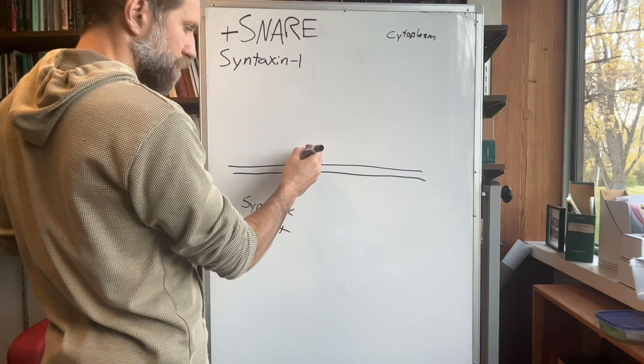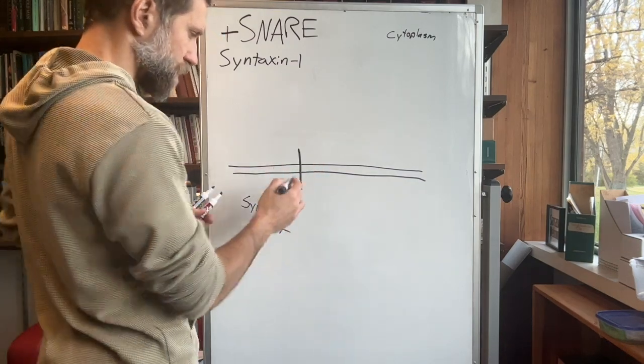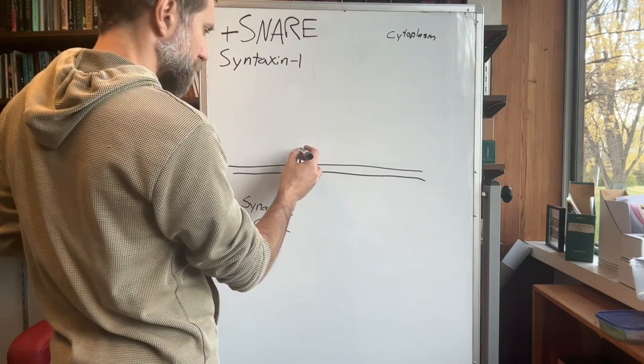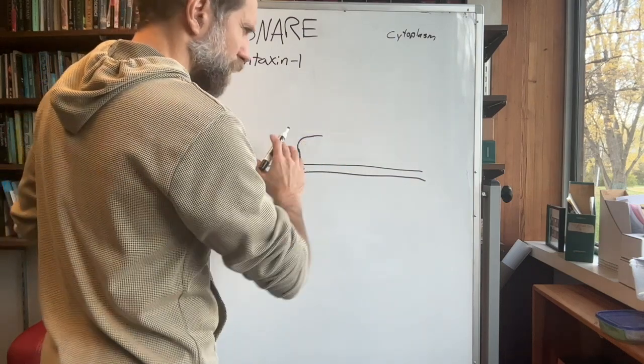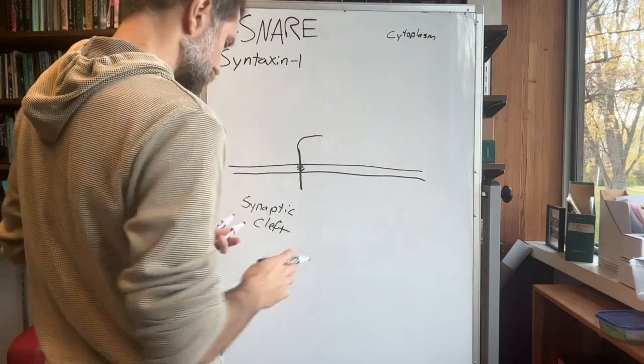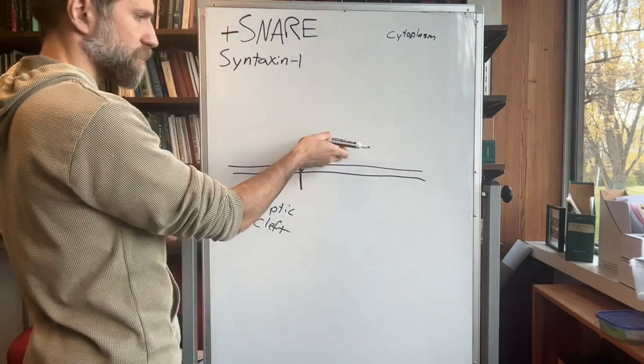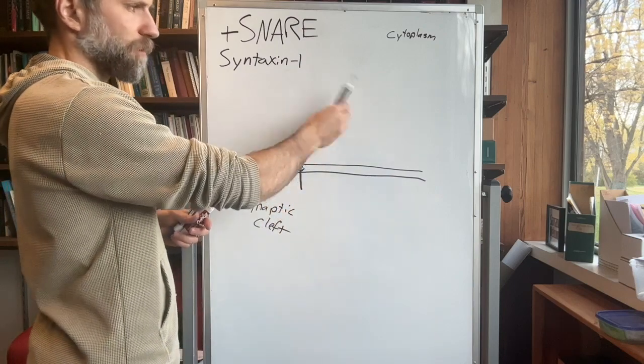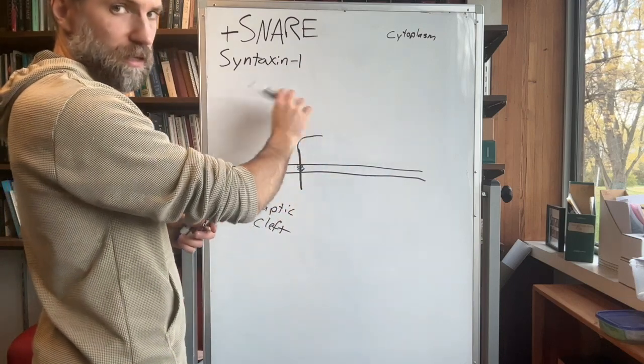It goes through our membrane, and there's a little intramembrane alpha helix here. I'm going to first draw the protein bent on the side, but you can think of this protein as a flexible structure that can float around in the cytoplasm.